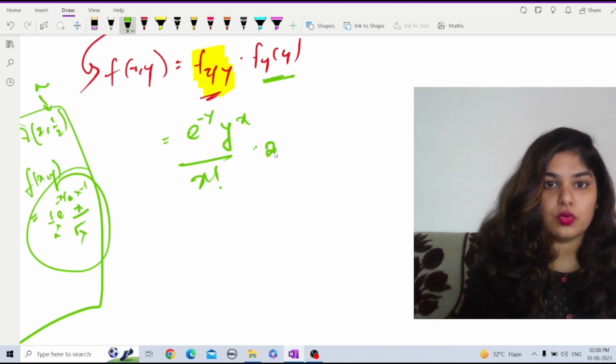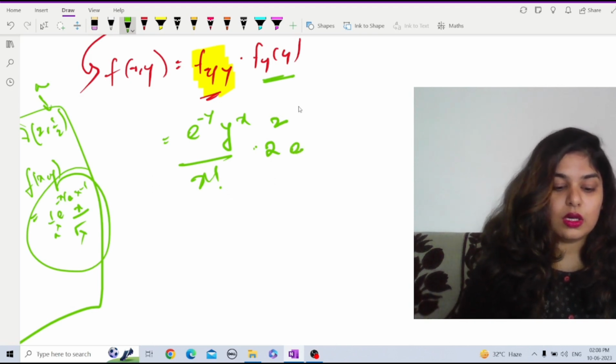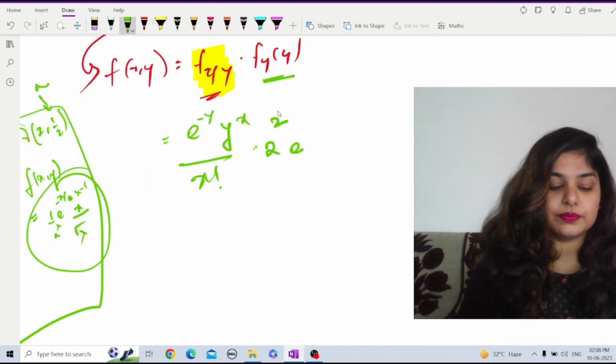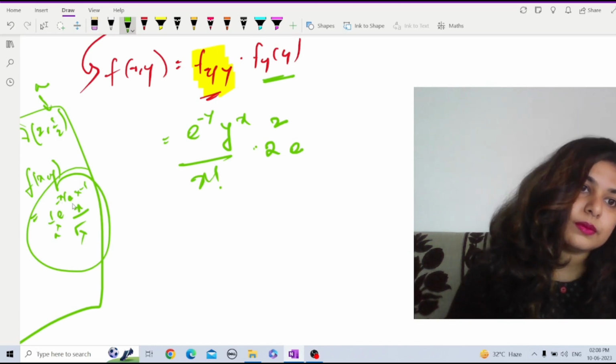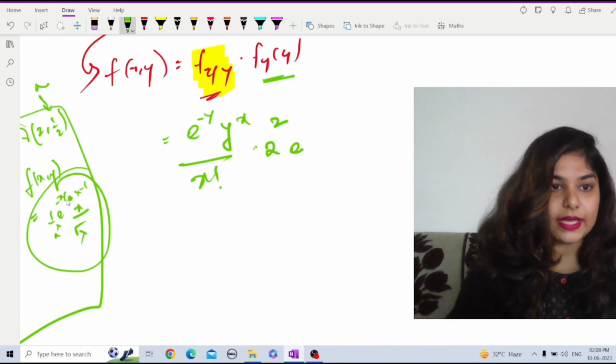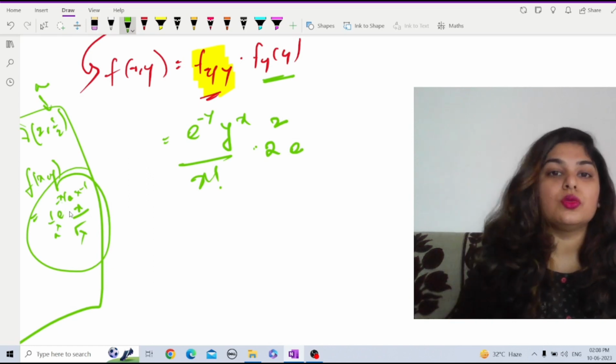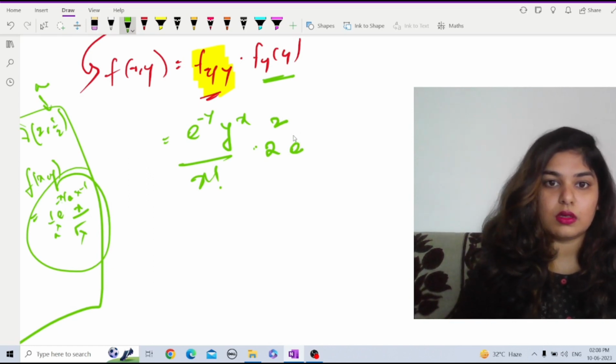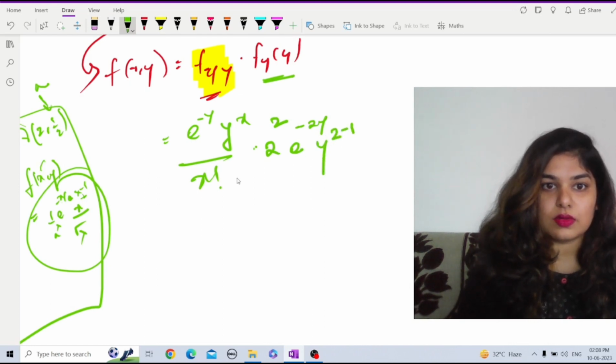So we have got 2 squared, e to the power minus x by a, where a is 2, so we can write e to the power minus 2y, and into y to the power a minus 1, so that is 2 minus 1.